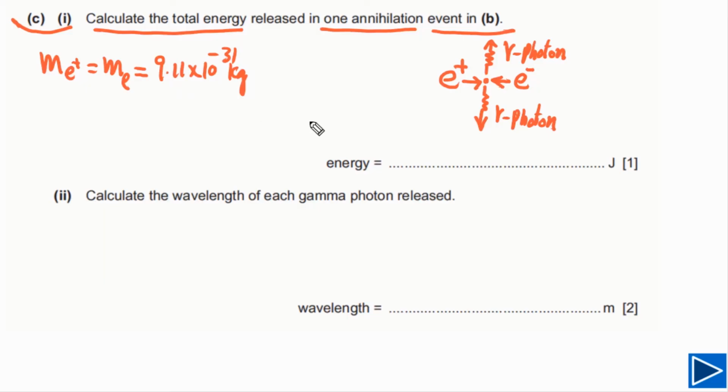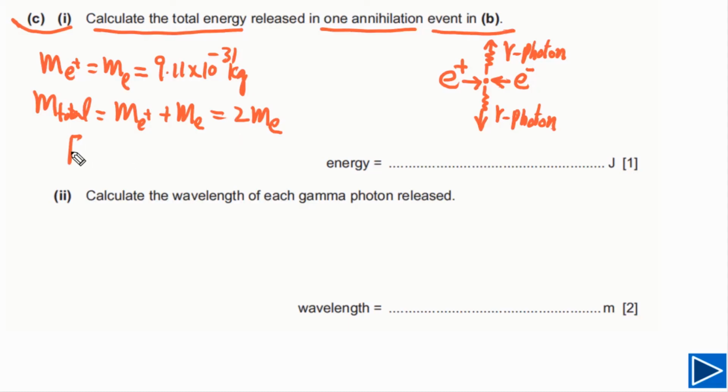This is the mass of one particle, but in this process 2 particles are involved. So the total mass is the mass of the positron plus the mass of the electron, or simply 2 times the mass of an electron.